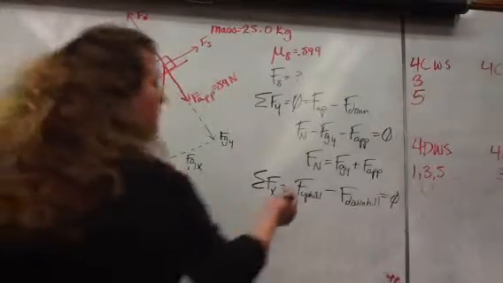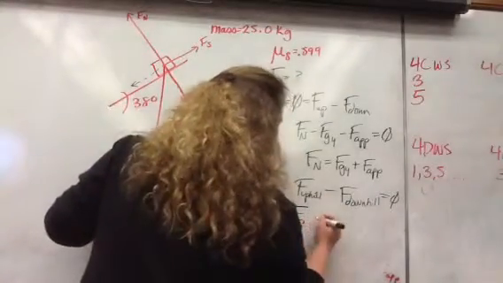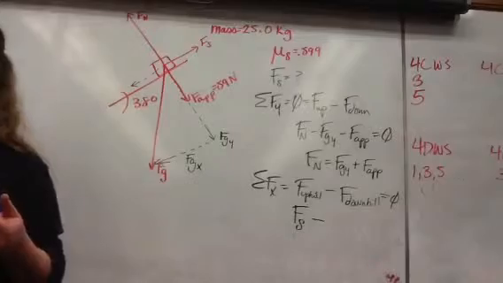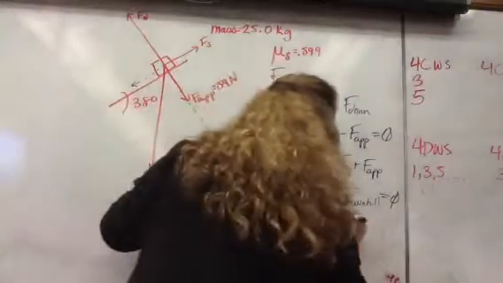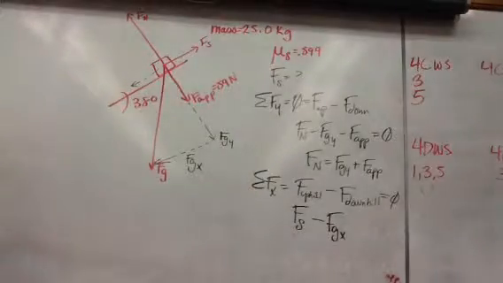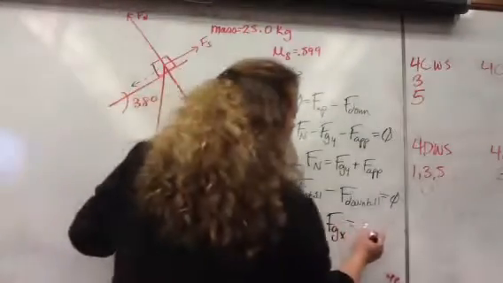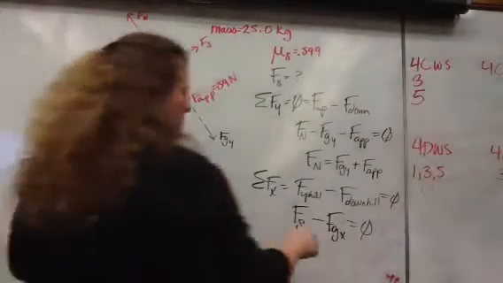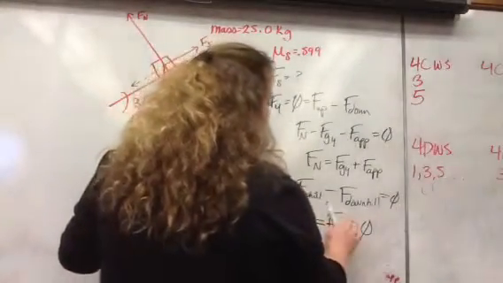Okay, what's our force uphill? F sub s. What's our force downhill? Yep. Force of gravity on the x. And these are equal to 0. Therefore, they're equal. So I'm actually just going to do that.